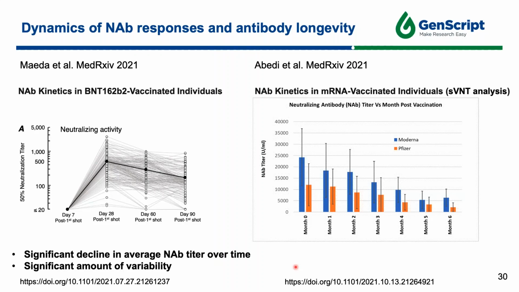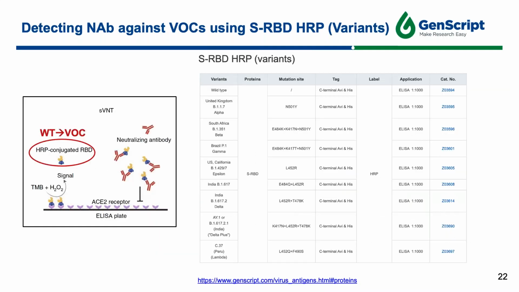Yeah. Okay. Thanks, Dr. Su. The next question, for detecting neutralizing antibodies against VOC, it's said that we just need to replace the HRP conjugated RBD with the variant of our choice. Is there any separate protocol for proceeding the cPass assay using VOC HRP conjugated RBD?